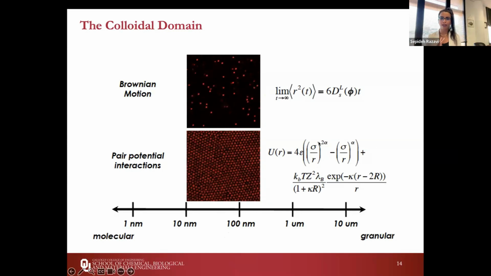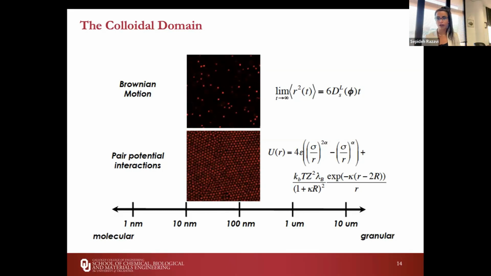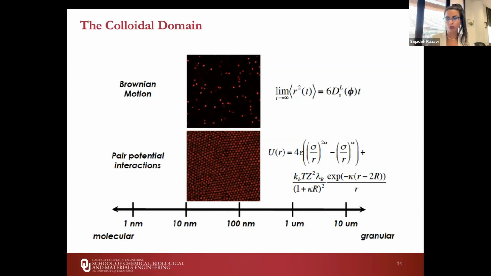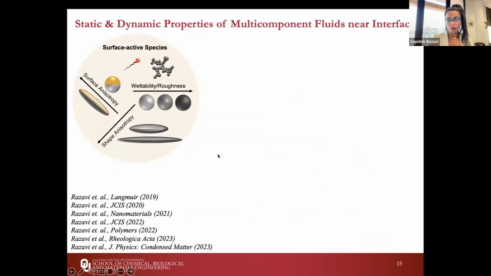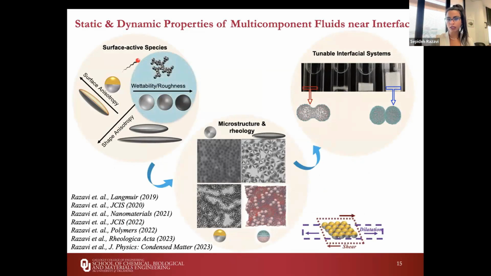So you can play around now with the properties of the particles, their surface properties, their shape, in order to then play around with this interaction potential, then affect the microstructure that is forming and their self-assembly. So what we do in my group, again, we work on understanding how these features can affect the interaction potential that then can be used to tune the interfacial systems and their properties, but we want to understand what is happening at these interfaces. Can we engineer these systems from our understanding of interfacial properties?